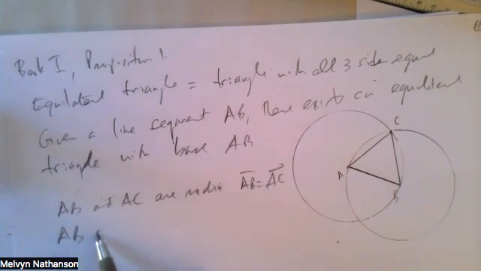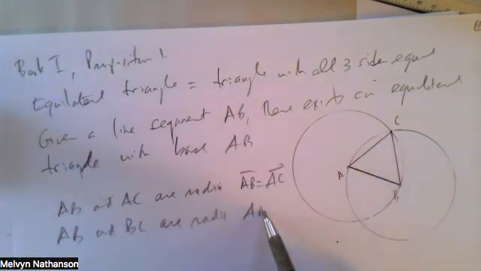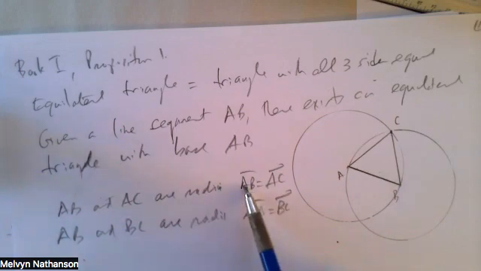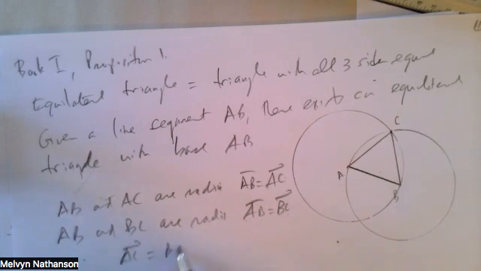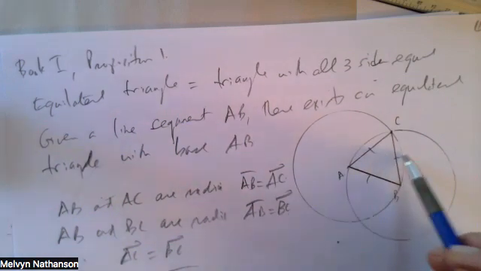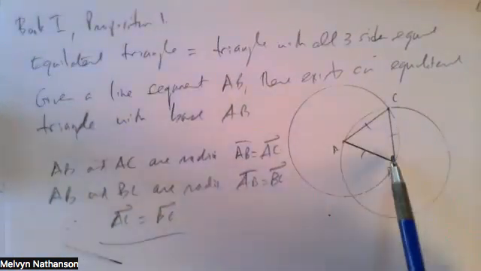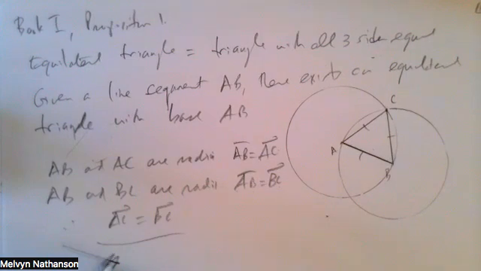And AB and BC are also radii. So AB and BC are equal. Things equal to the same thing are equal to each other. AB is equal to AC, AB is equal to BC. So AC equals BC. So these three sides have the same length. So we've just constructed an equilateral triangle with AB as the base. So this is the first result in Euclid.